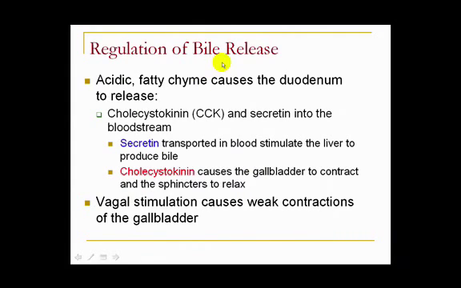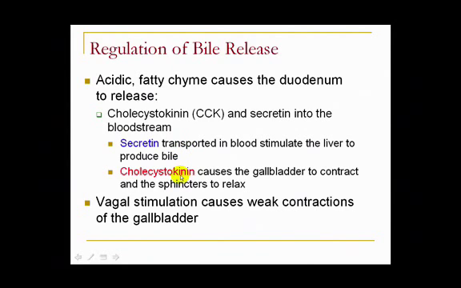So what controls the release of bile? Well, basically the stimulus is when chyme gets put into the duodenum. So when the duodenum detects acidic fatty chyme, it releases the hormones, which you already learned about, cholecystokinin or CCK and secretin. And what secretin does is it works on the liver, and it triggers the liver to produce more bile.